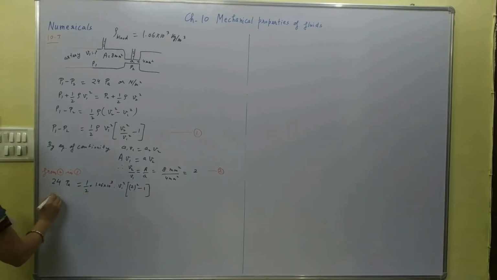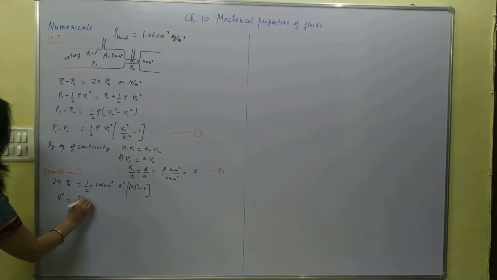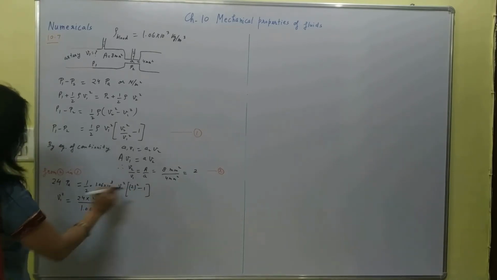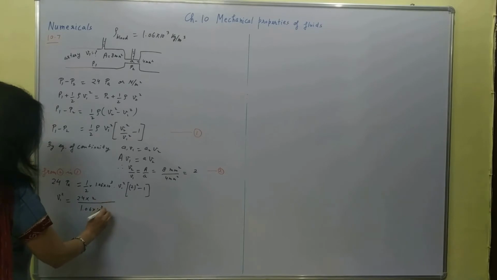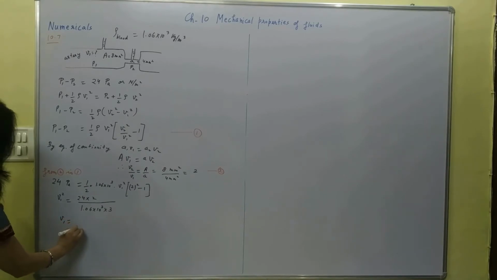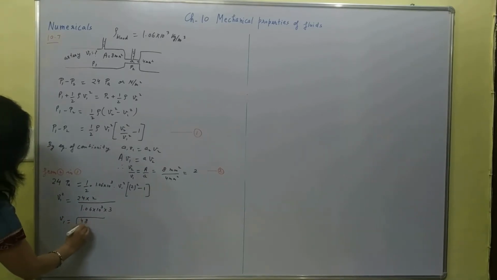So just solve it. V1 square comes out to be 24 into 2 upon 1.06 into 10 to the power 3 and this is 4 minus 1 is 3. So into 3. So this is V1 is equal to under root of 48.